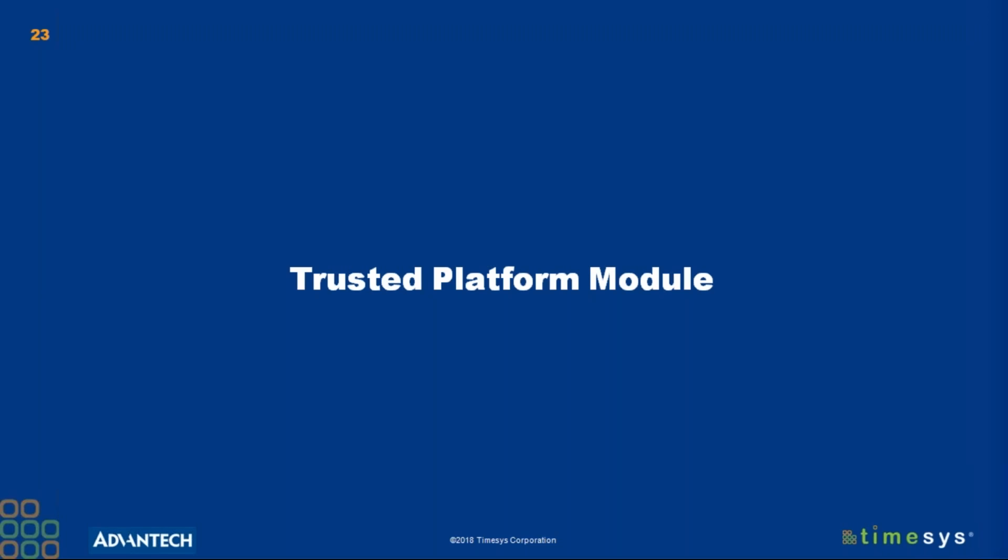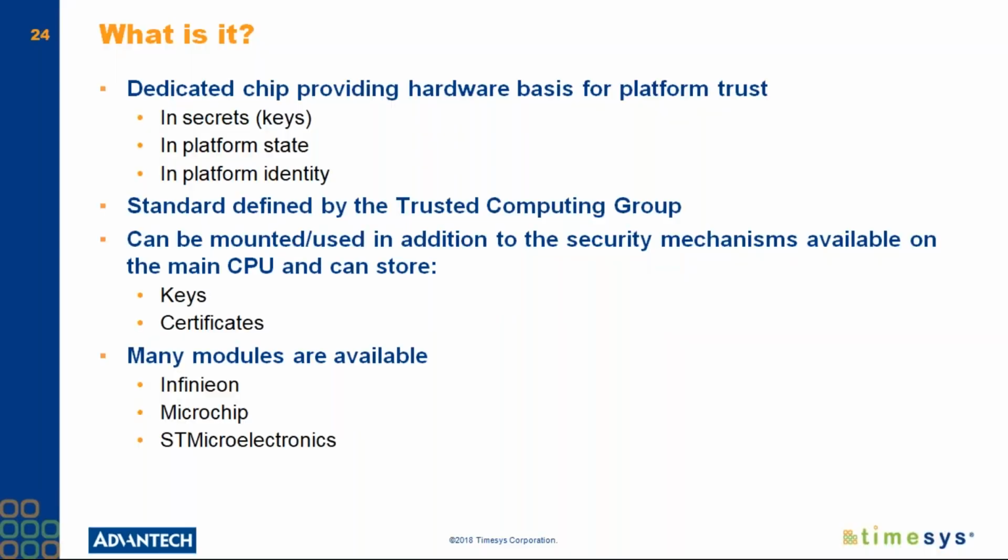So the next topic is trusted platform modules. We talked about a lot of security features available on i.mx6. In case you're looking for more advanced features which are not offered by i.mx6, you can go for an external security chip, which is dedicated for protecting secrets, verifying the integrity of the platform, and can also do device identity.